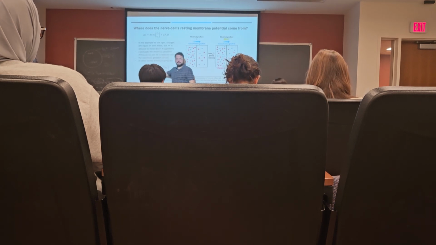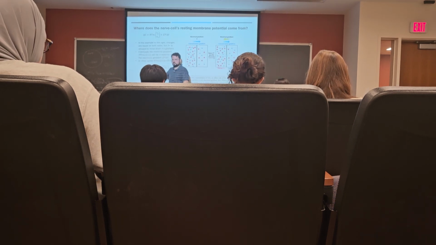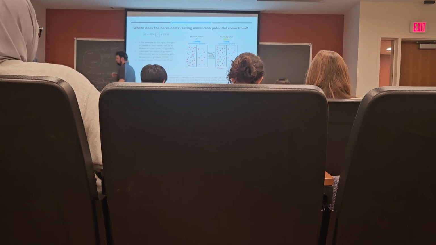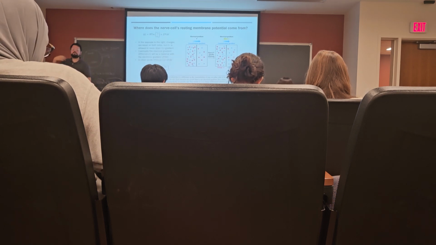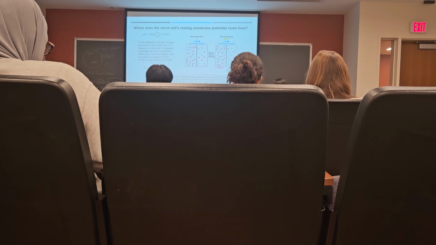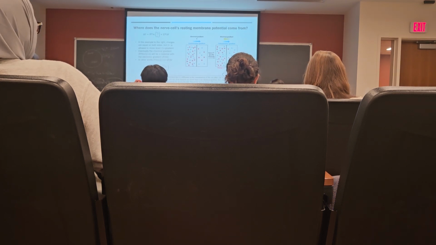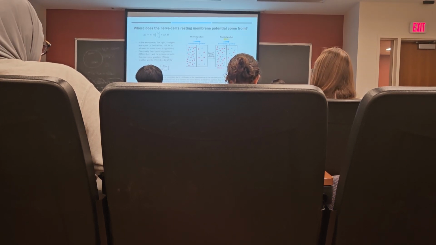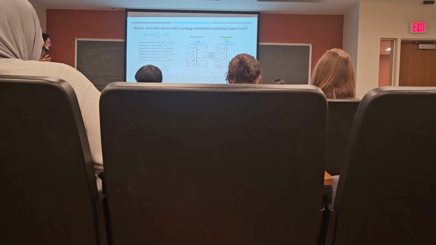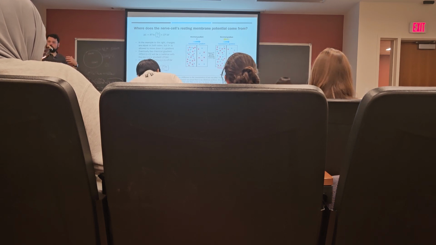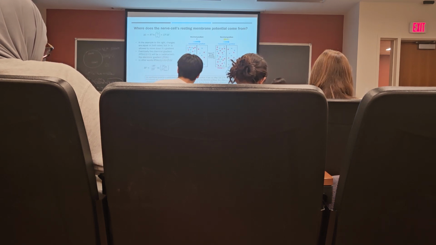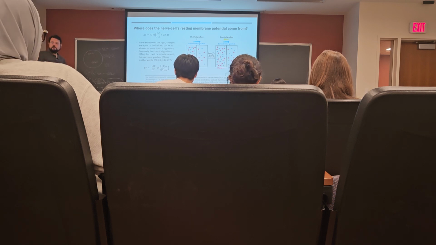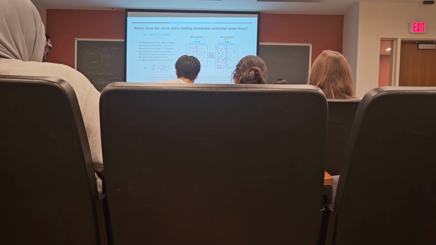It is VEQ, the equilibrium voltage, right? And we can see that the equilibrium voltage is dependent on the concentration of X on one side versus the other, all right? So if we have a large concentration gradient, that means that we will have a large VEQ. If we have a smaller concentration gradient, we'll have a smaller VEQ, and so on and so on.